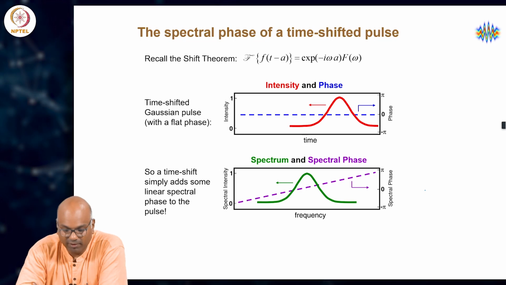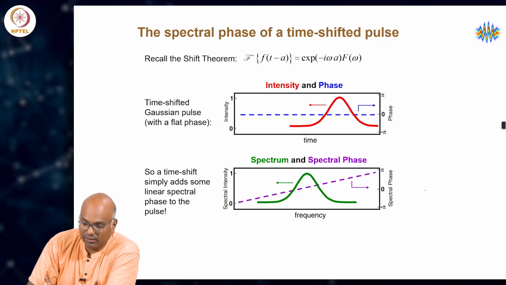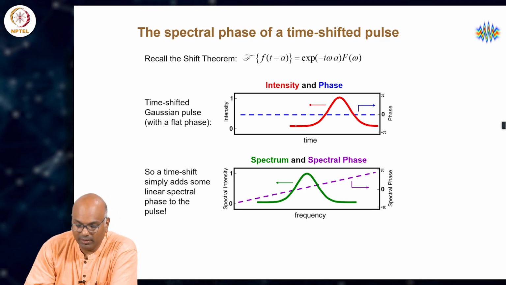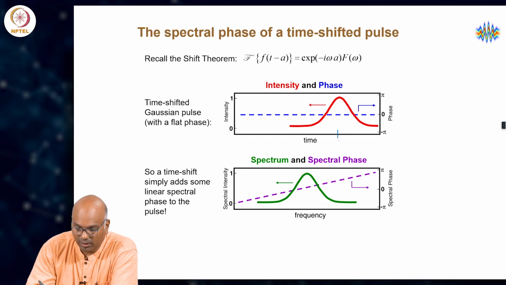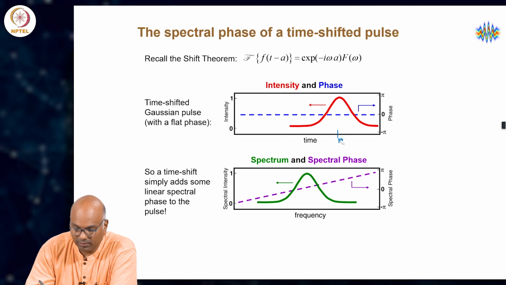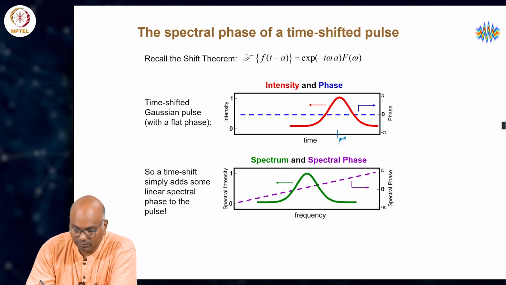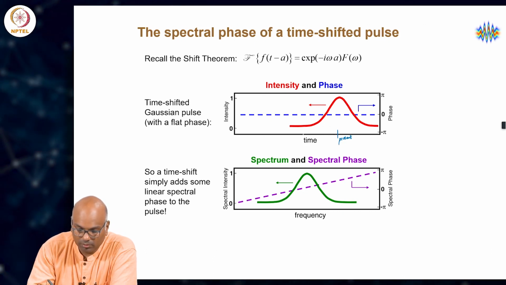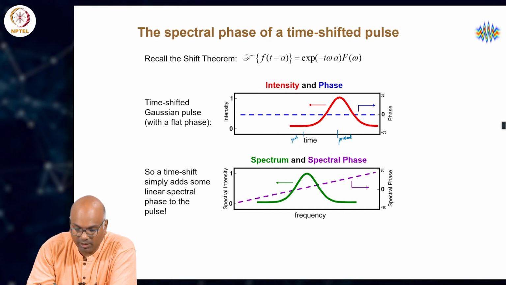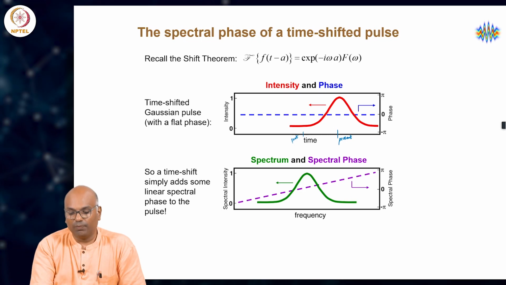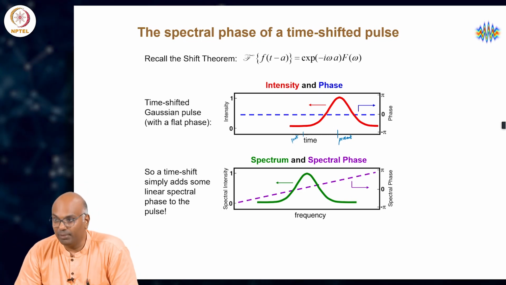If my pulse is propagating in time, all that I mean is that the pulse that is here now, at a time which is like the present, was centered elsewhere at some time in the past, right. So, this propagation can happen.